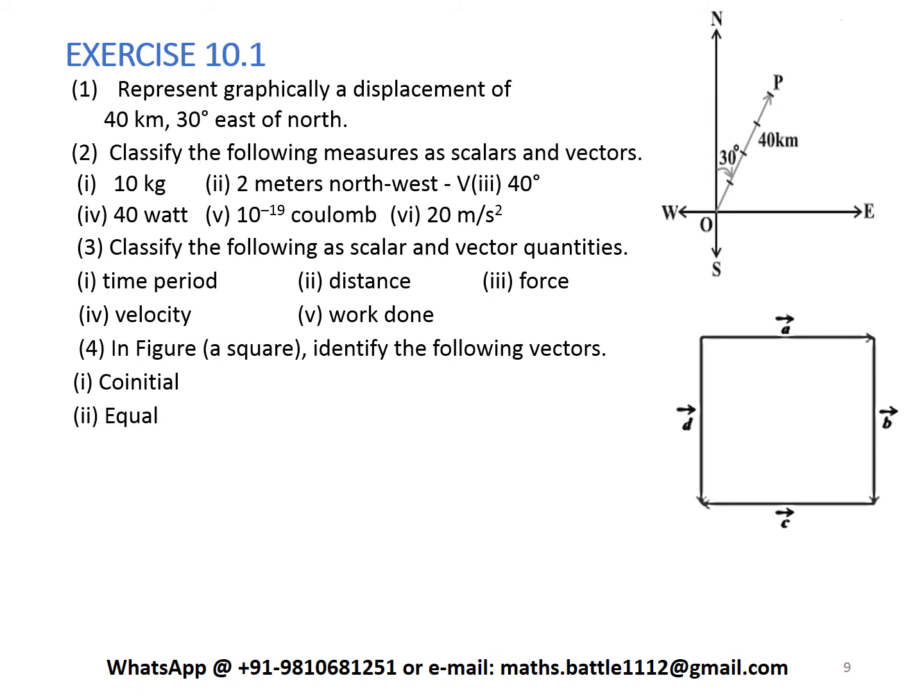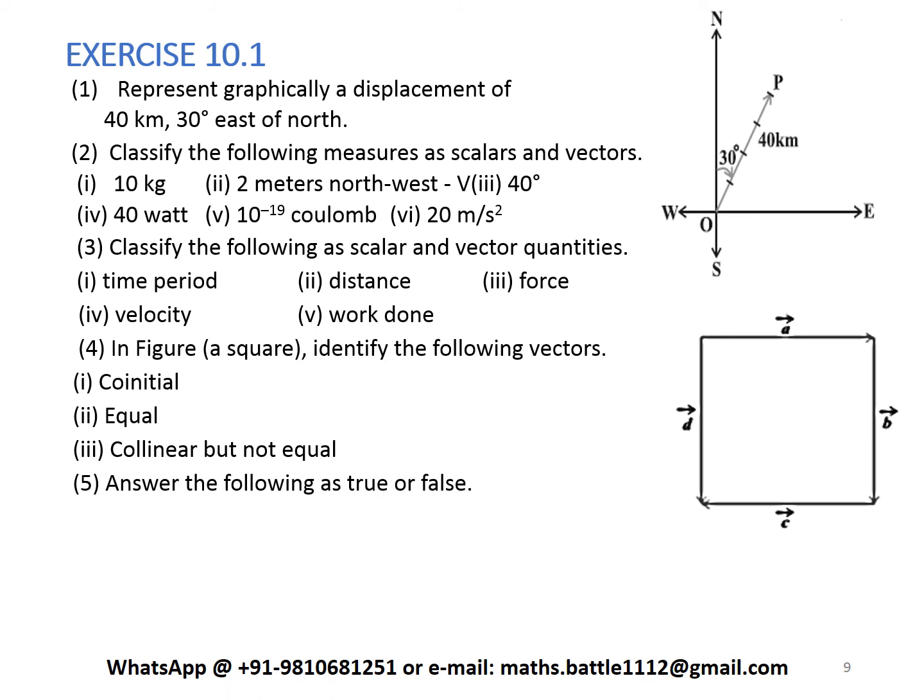Equal vectors: vector D and vector B have the same direction and same magnitude because this figure is a square, so these vectors are equal. Collinear but not equal: A and C are collinear vectors but not equal because they have different directions, basically opposite directions to each other.